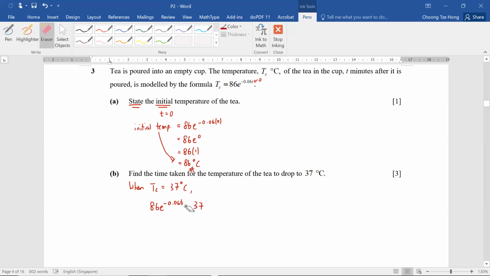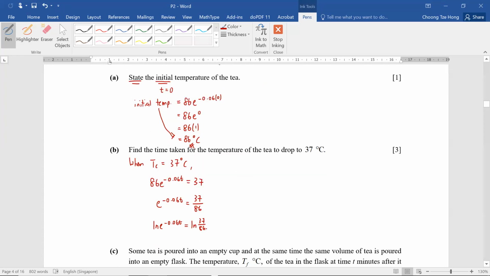So you bring the 86 over first, and we get e to the minus 0.06t equals 37 over 86. Now it's time to ln both sides. Remember this important method to solve.